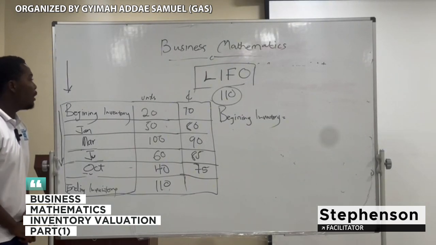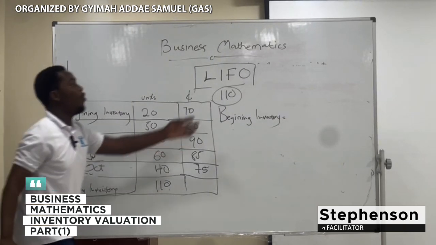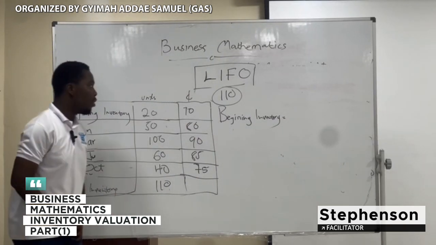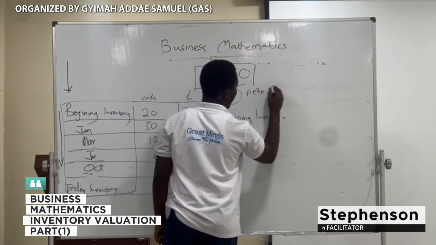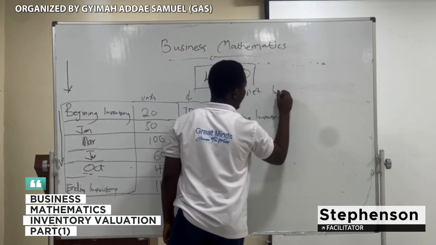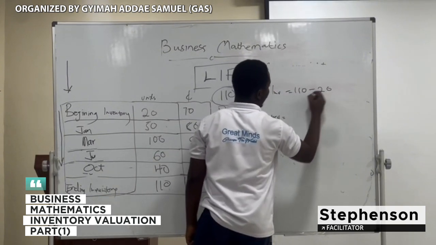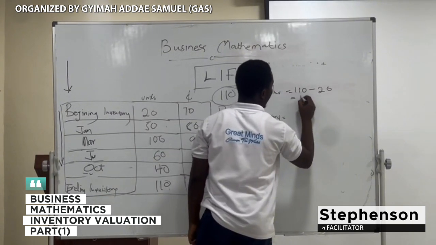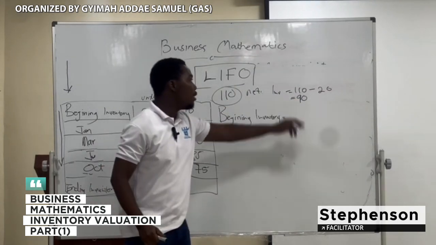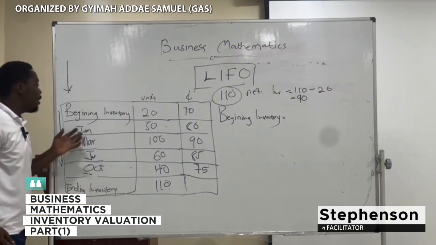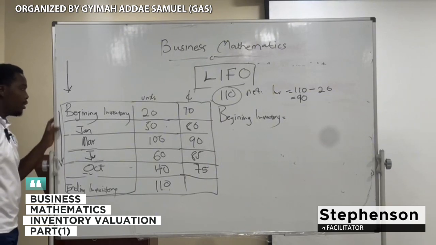So beginning inventory will take only 20 from our inventory. So we have our net inventory to be 110 minus 20, we will be left with 90. So we will send this 90 to the preceding month, which is January.